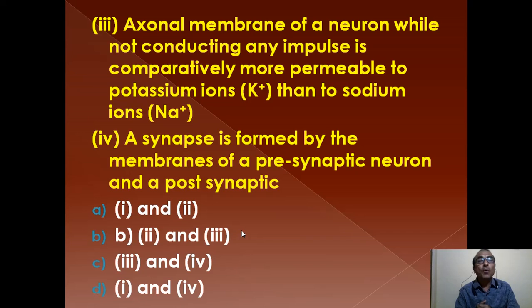Then statement number 4, a synapse is formed by the membranes of a pre-synaptic neuron and a post-synaptic neuron. So that's also right. It may be a post-synaptic neuron, or it may be a muscle there. In between these two, there will be the synaptic cleft. So therefore, number 3 and number 4 are the correct statements.